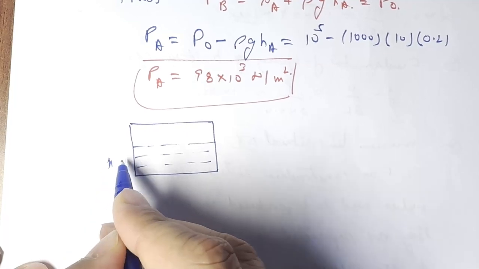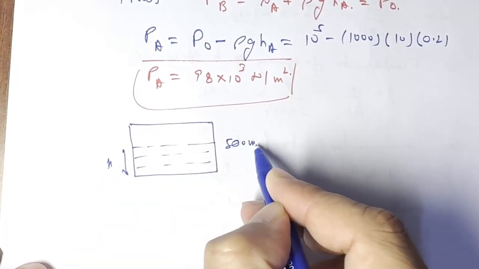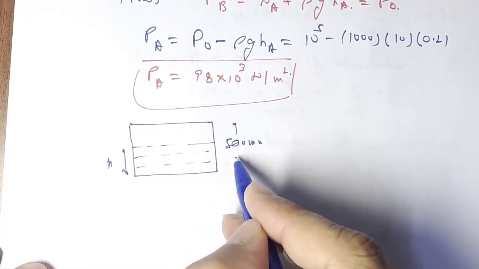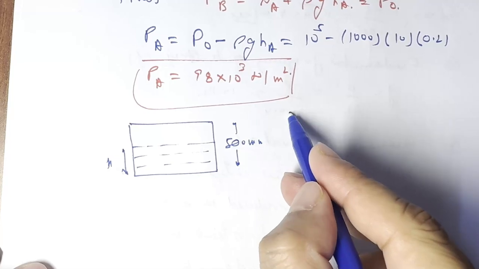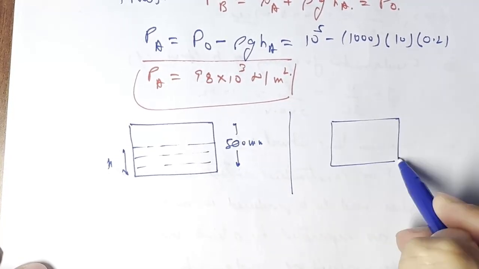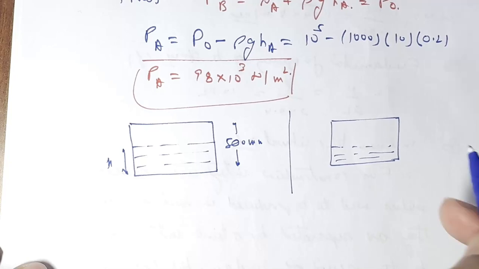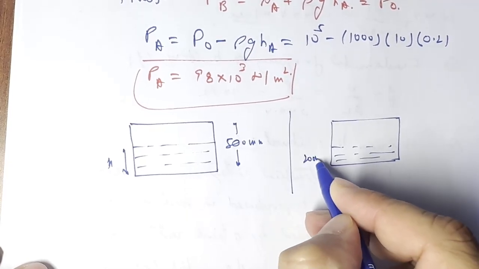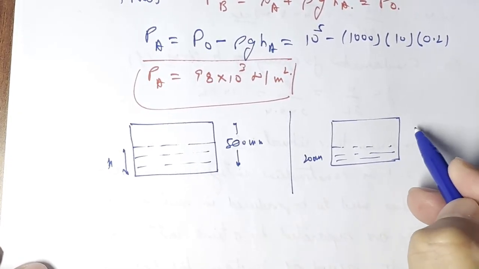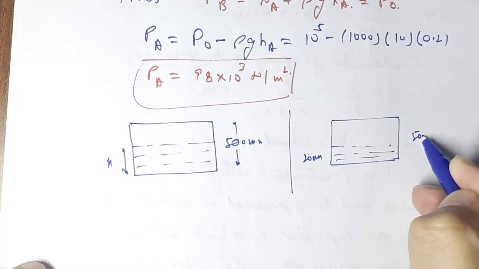So H is the height, 500 mm is the total height of the vessel. In the final condition, the water level has reduced to 200 mm, and the tank or vessel height is still 500 mm.